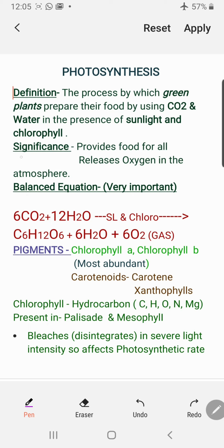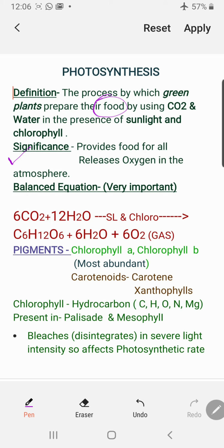Right, children? Second heading is significance of photosynthesis. One of the significances you have already mentioned in the definition, that is food, right? Photosynthesis is the process of preparation of food. That means it provides food to all. Now, how is the food provided to all? Whenever you draw a food chain, the food chain always starts with a producer.